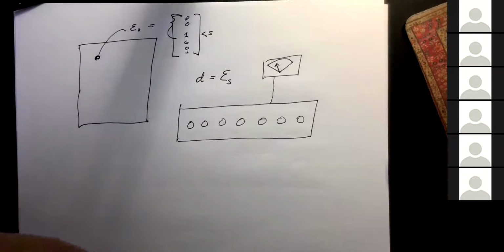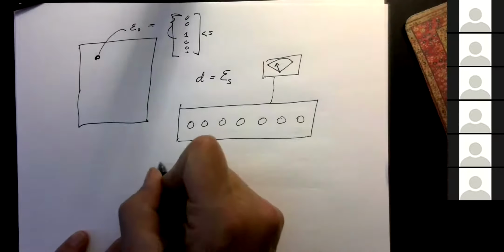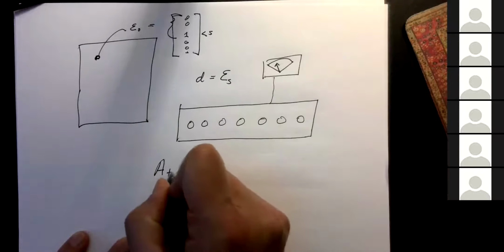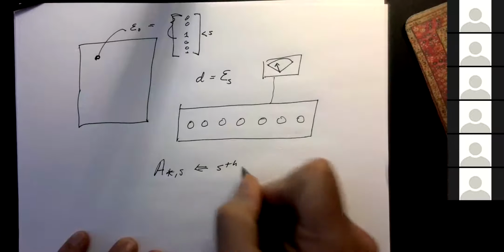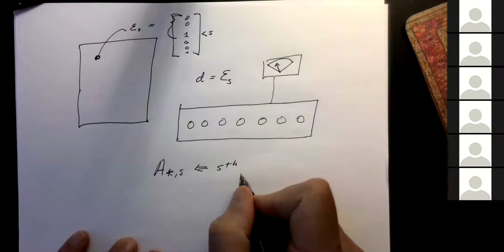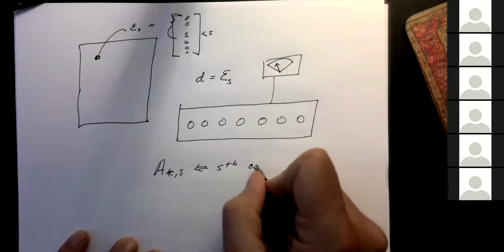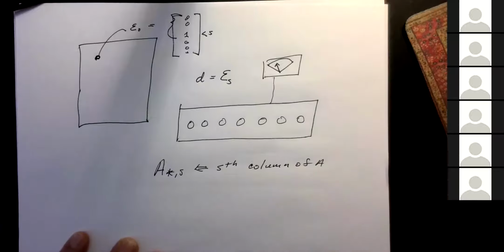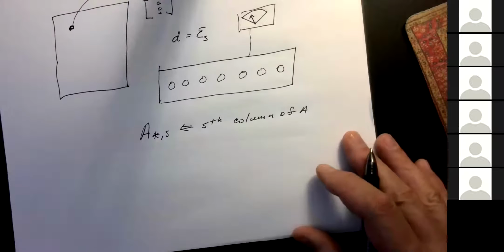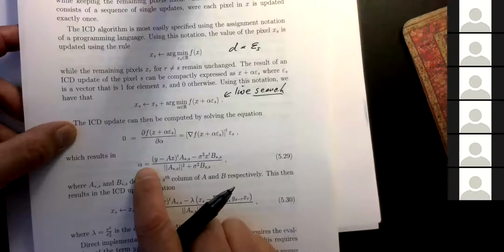A star S. This is the sth column of A. That's what it means. So that's the sth column of A. And so this is the optimal value of alpha.